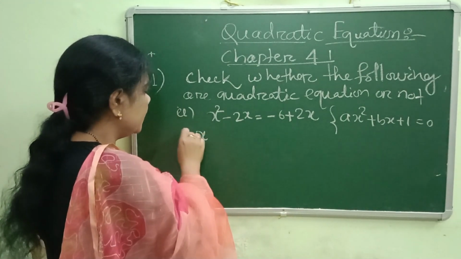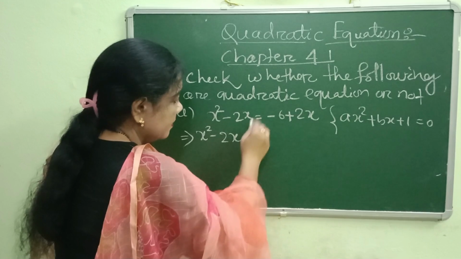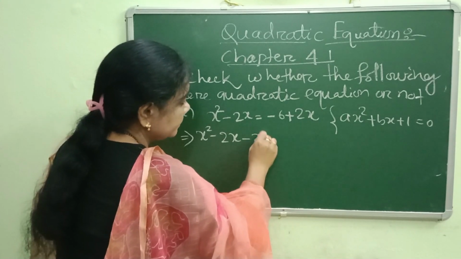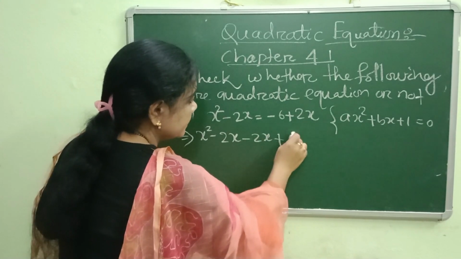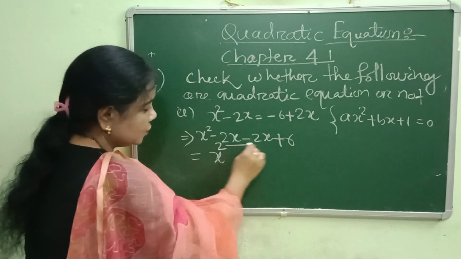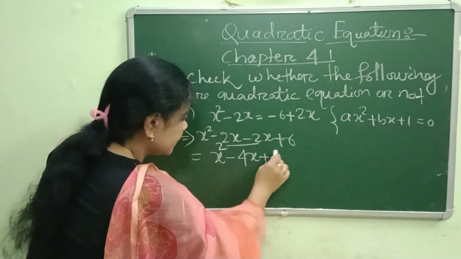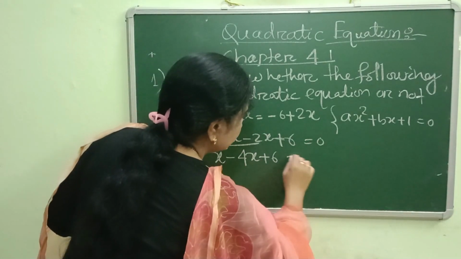That means x square minus 2x minus 2x plus 6, that is x square minus 4x plus 6 equal to 0.